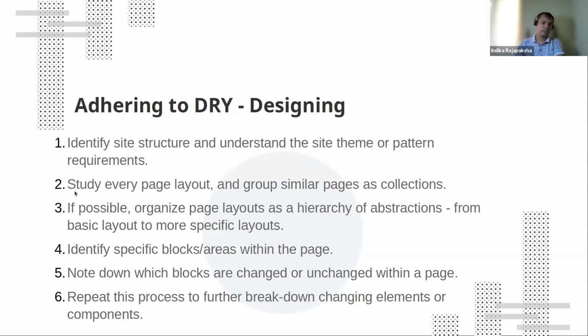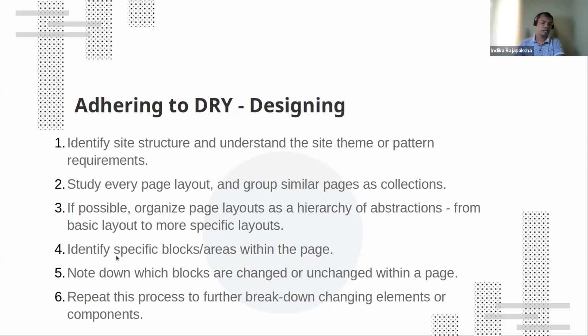Secondly, go through every page, study the page layout, and try to identify similar pages and group them as collections. As a third step, if possible, organize the page layouts as a hierarchy of abstractions, like stacking the design from basic layout to more specific layouts.